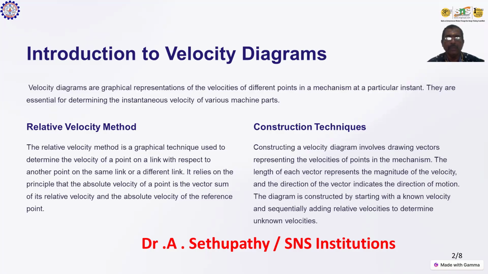We use the perpendicular lines from the point where we need the velocity. We connect the first point, then use the second point and third point. The second and third points intersect at a point called the fourth point. We use this to construct the velocity diagrams.